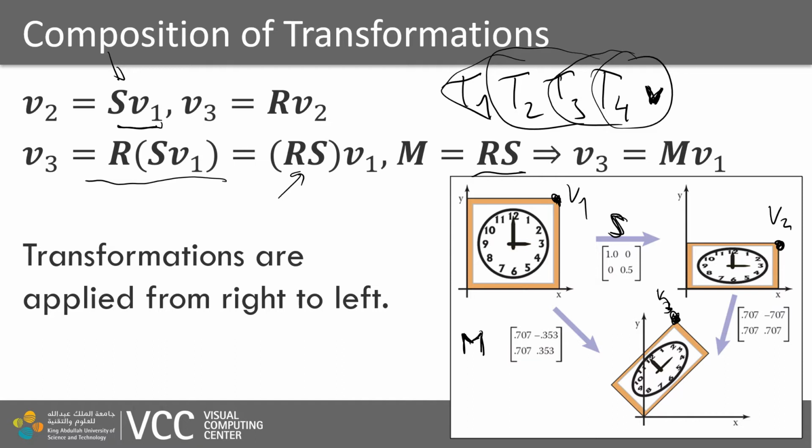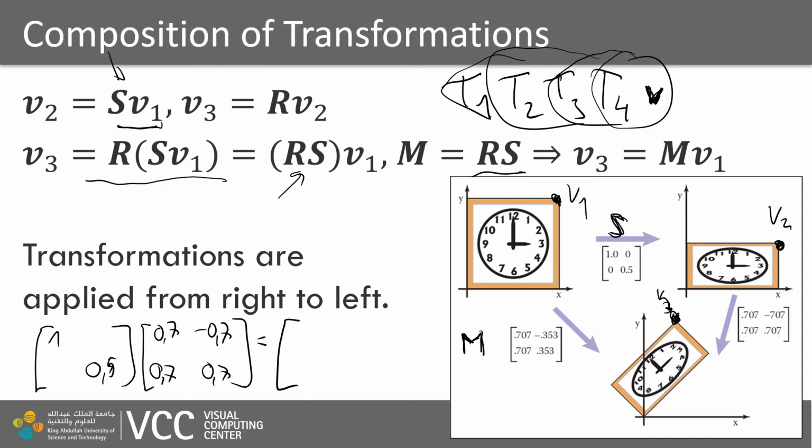So if we now multiply the matrix S, 1, 0.5, times 0.7, minus 0.7, 0.7, 0.7, if we multiply these two matrices, then our resulting matrix will be, here are zeros, of course.